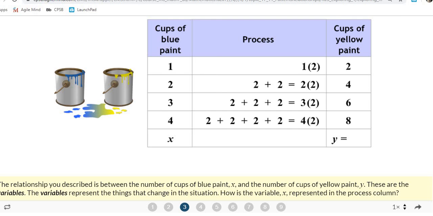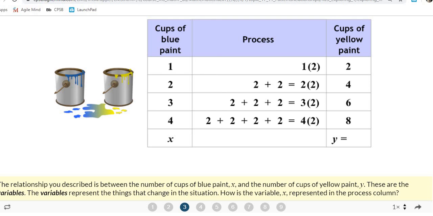Okay, so that's what it's representing. X and Y, those are called variables. Variables are letters representing some topic. It could represent dogs, cats, paint. What else? House, volleyballs, money, people, anything. That's what variables do. They represent anything.